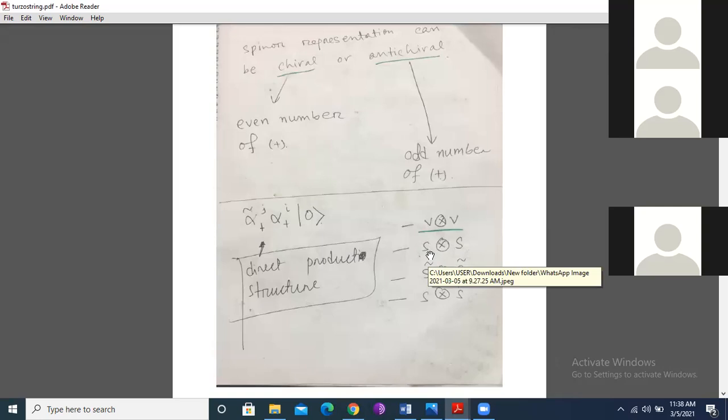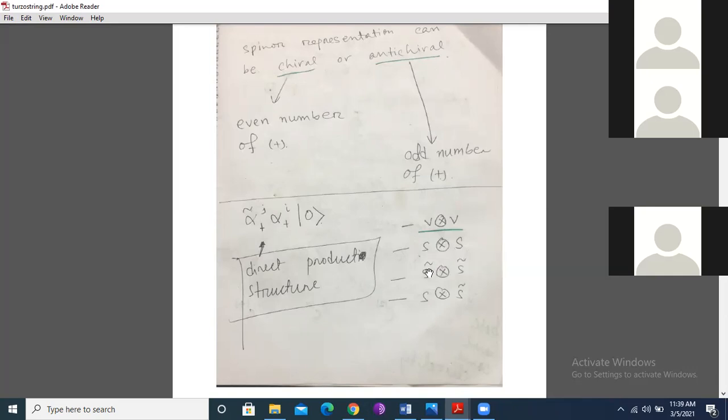Because it's in SO8, and it's even dimensional, you should be careful that it has anomaly. And because it's even dimensional, it can have chiral or non-chiral representations.